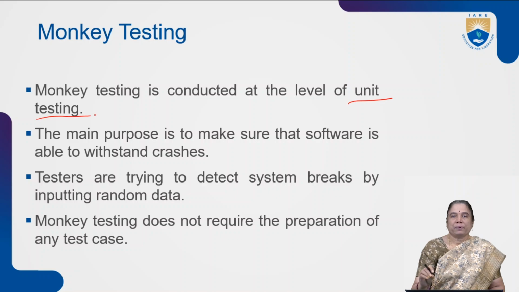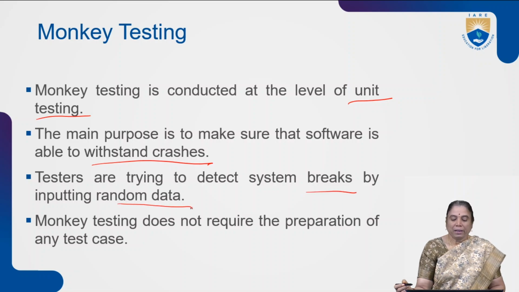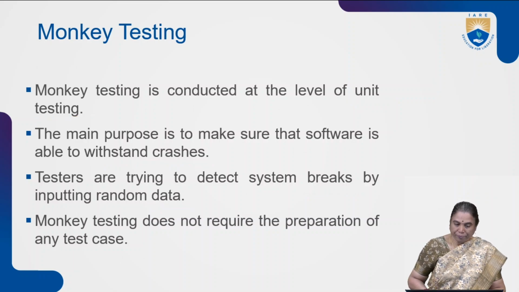The main purpose is to make sure that the software is able to withstand crashes. System crashes can easily be identified with monkey testing, and testers try to detect system breaks by inputting random data. Monkey testing does not require the preparation of any test cases.